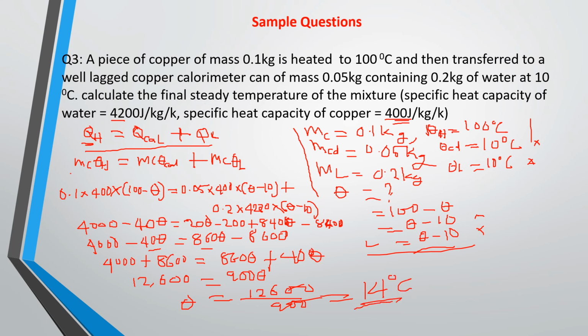So this is the final temperature of the mixture. Is that okay? So the main area you want to look at is this part of trying to get the temperature change.